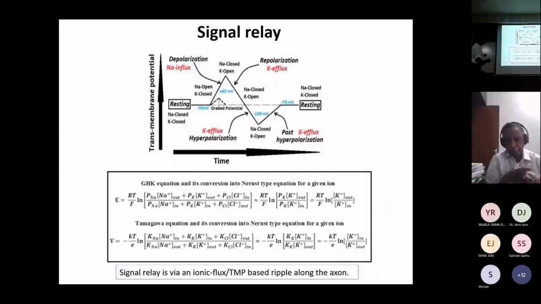You have sodium and potassium channels, and deterministically the sodium channel opens, the potassium channel closes, and you get depolarization. Then sodium closes, potassium opens, and you have repolarization. When you measure the transmembrane potential at a given point, you have a variation of the potential in this manner. That is what the classical theory is.